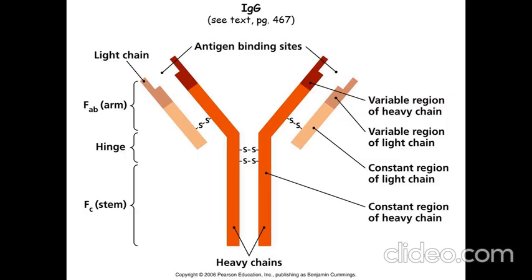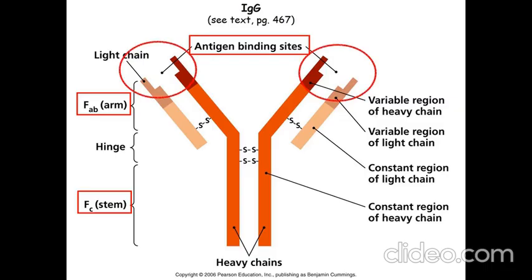So we have the stem part, the arm part, the Fab, and the Fc, but the antigen binding sites up here will be looking for that specific protein A. If it finds the protein A, then it will link up to it.